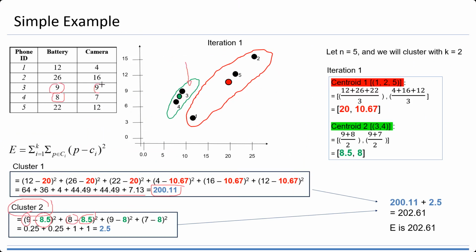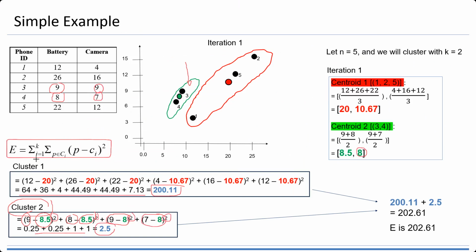For the camera, 9 will be subtracted with the center point, which is 8, and 7 also will be subtracted with the 8 of the center point. So we will do the square for every subtraction and we will do the summation. Okay, so that's the meaning of this formula.